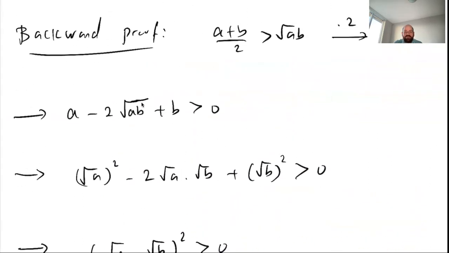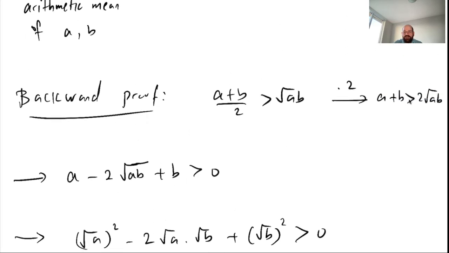And then from this step to this step, root a the whole squared is of course a, root b the whole squared is b, root a root b is root ab. And then from this step to this step, again, it's very easy. You just need to take this term to the right-hand side. And from this step to this step, we simply divide by 2. And then we get this statement, which is what we wanted to prove.